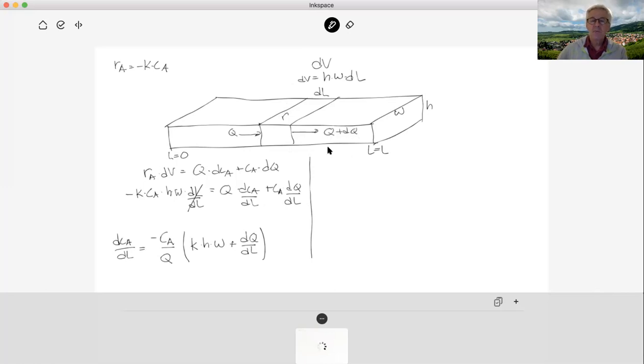But we also have a couple of processes. We have seepage of water. We have rainfall or precipitation. And we have evaporation.